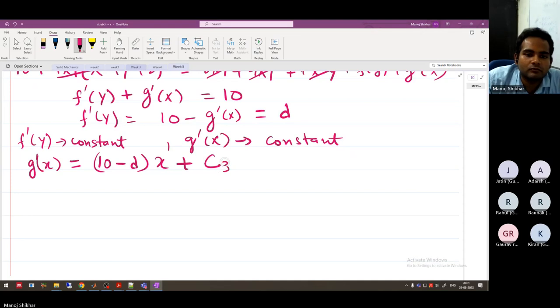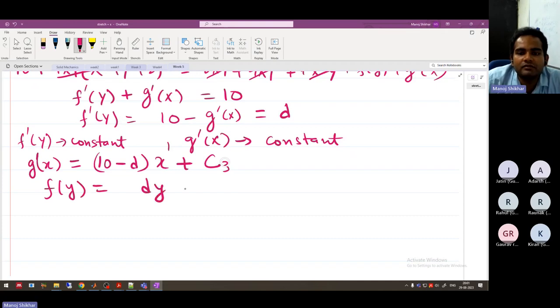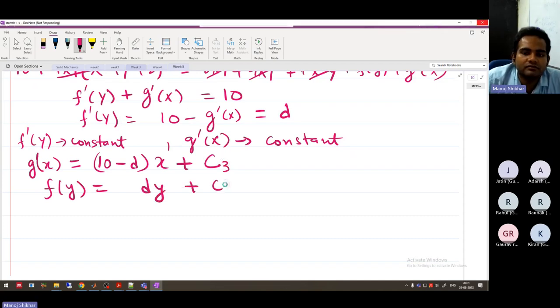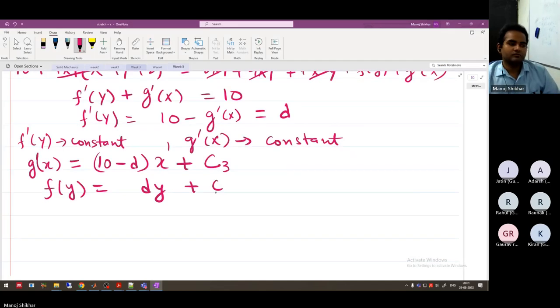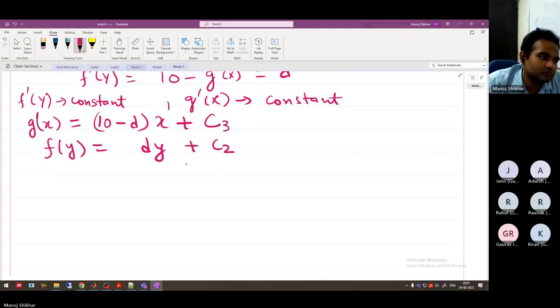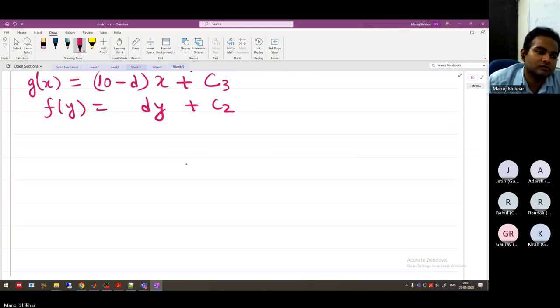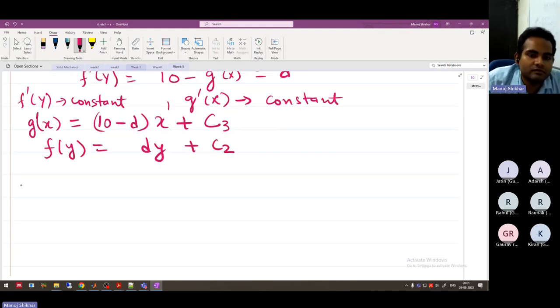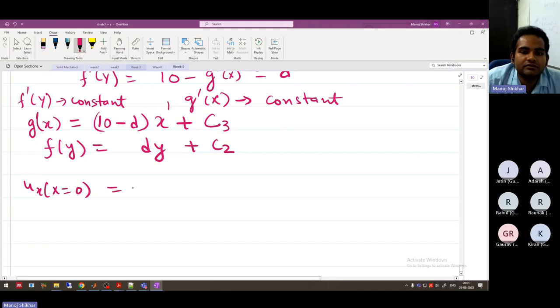And f of y will be dy plus some constant c2. Now you have been given the initial boundary conditions that u_x at x equal to 0 is 0.